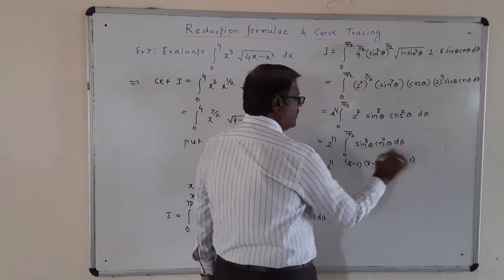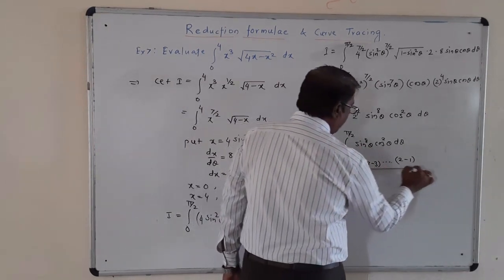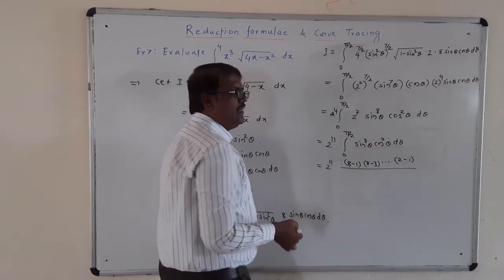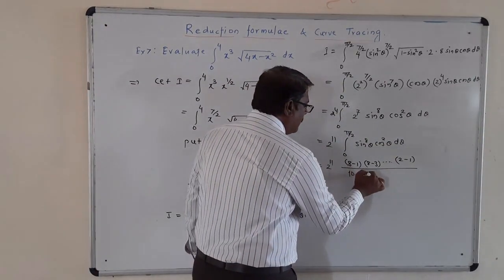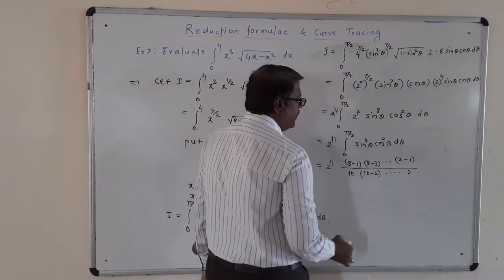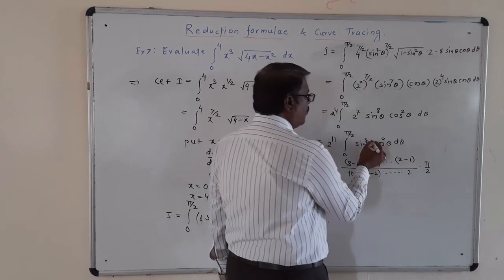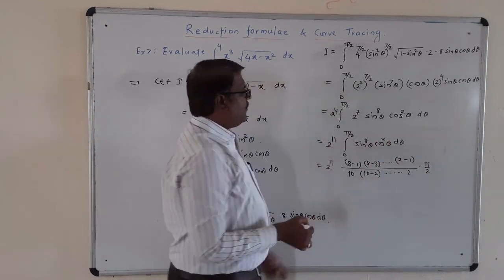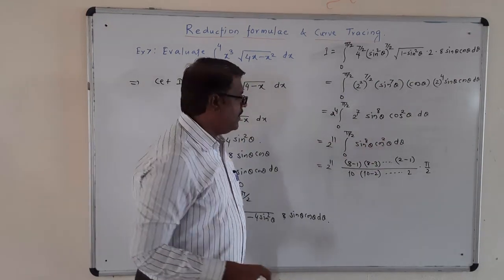So this product is already 1, so we cannot extend. Divided by m plus n, it is 8 plus 2, so that is 10 into 10 minus 2, and this product goes up to 2 into pi by 2, because the values of m and n are 8 and 2, and these values are given.